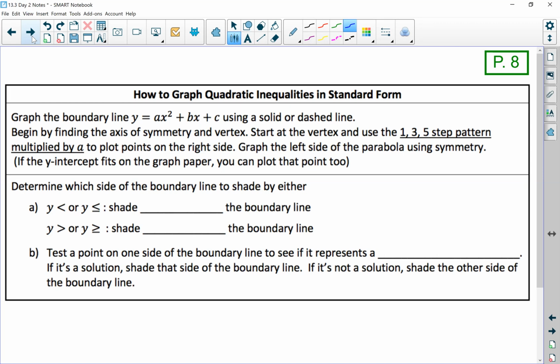You could do it on the left as well, and then use symmetry for the other side. If the y-intercept fits on your graph paper, you can use that as a point as well, and usually I do. It works out nice.